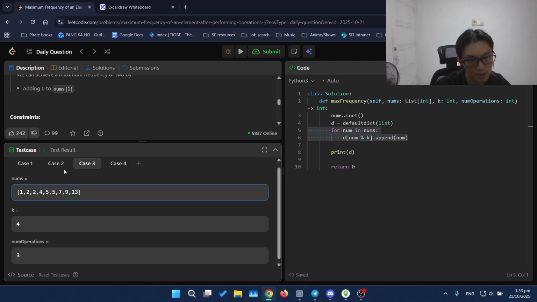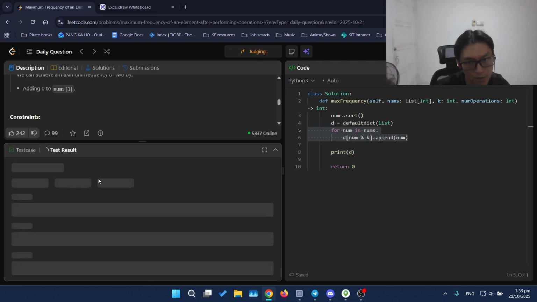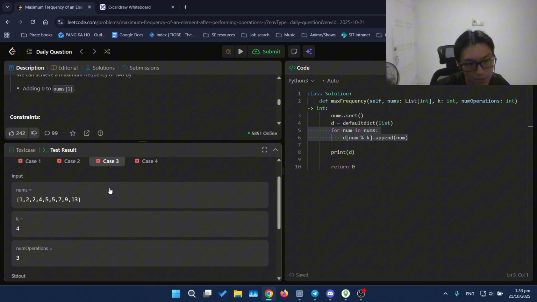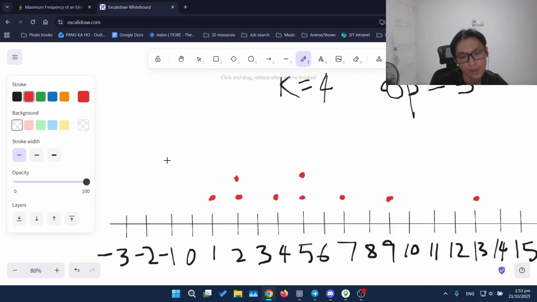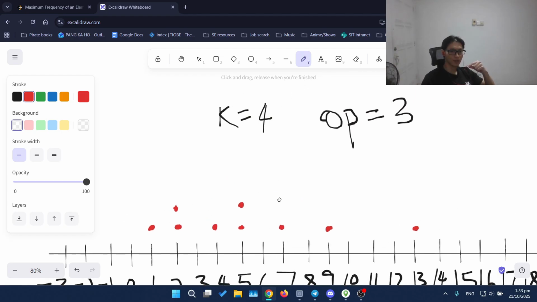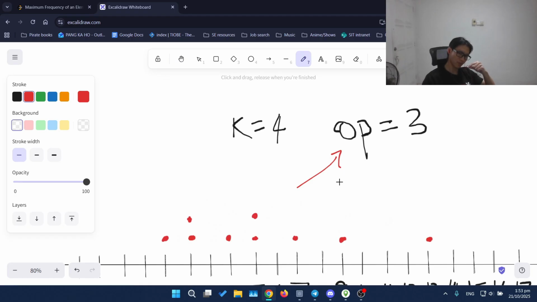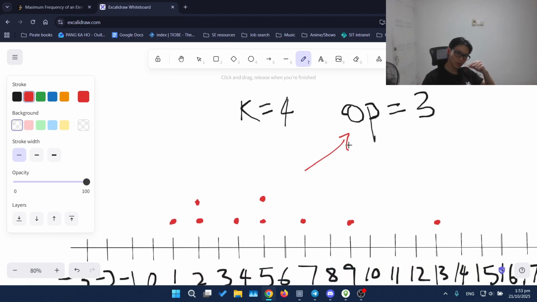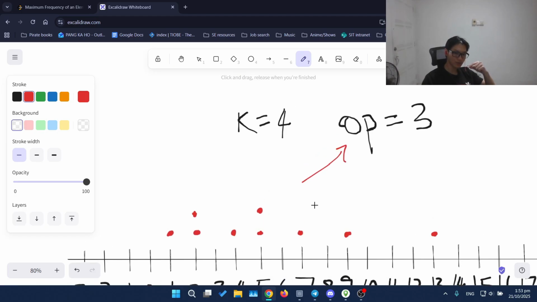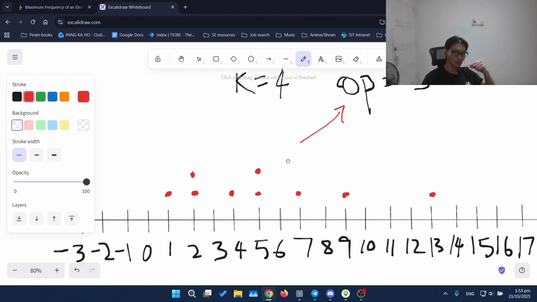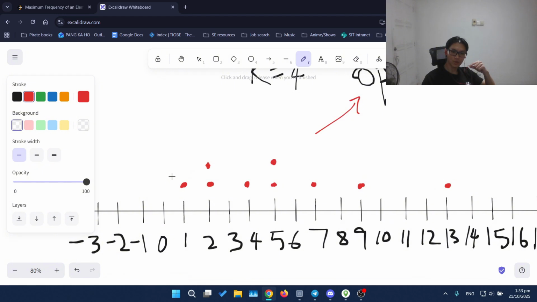So the answer is still 5. So I was thinking of doing a streamline algorithm, abusing the fact of the interval part. I think that is where the challenge of this problem comes from. We can only do this number of operations. That means what? Do we drop this?